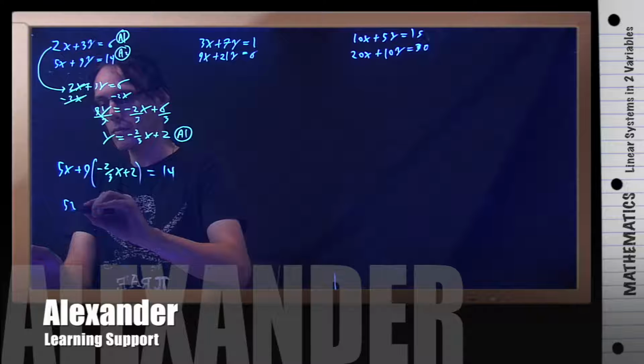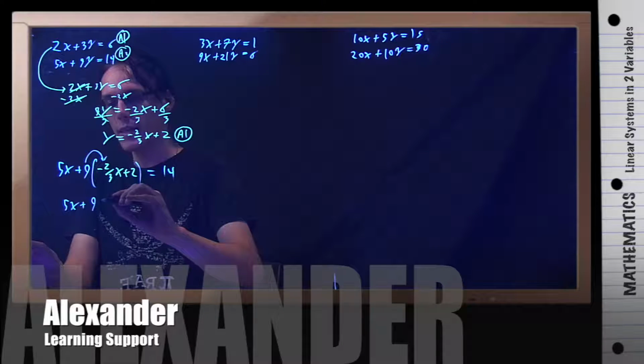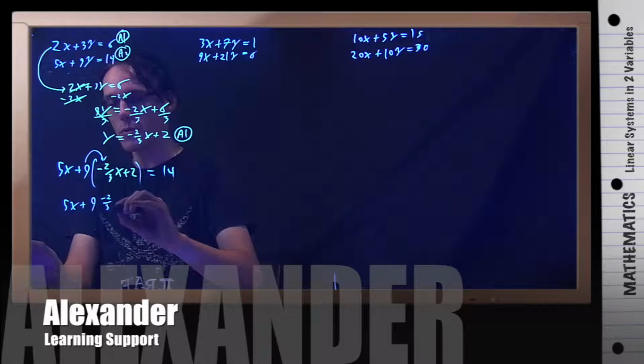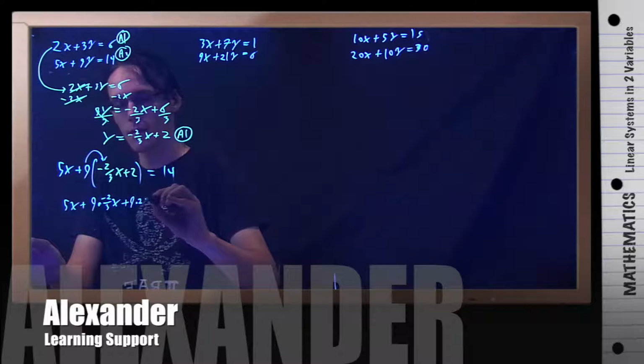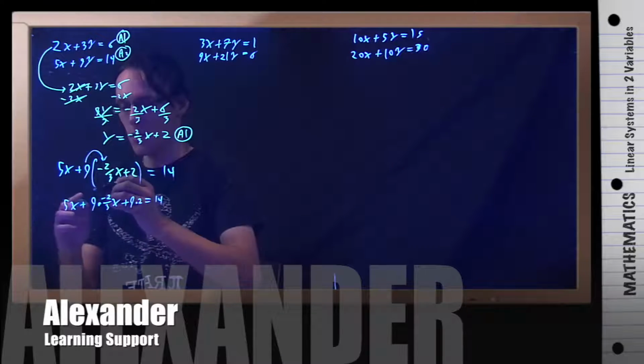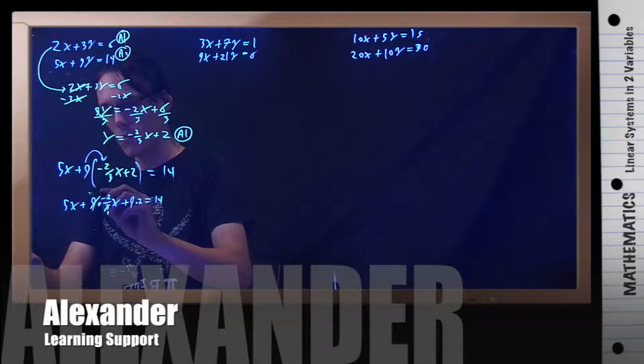5x plus, well, 9 times negative 2/3. I'll write this out explicitly. Plus 9 times 2 is equal to 14. The 3 is going to reduce with the 9 here and give me 3.